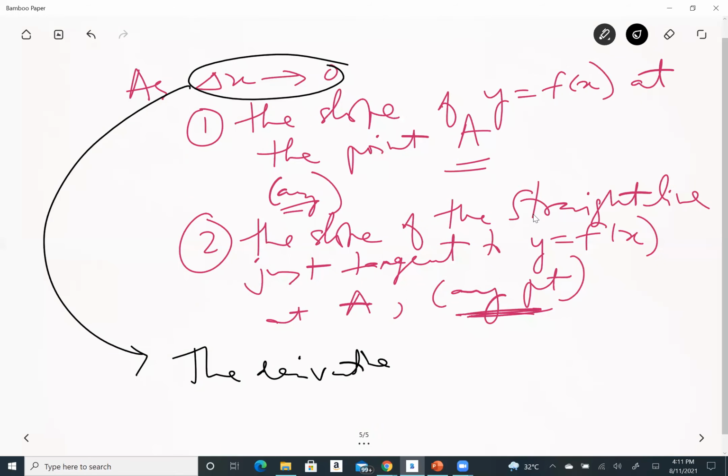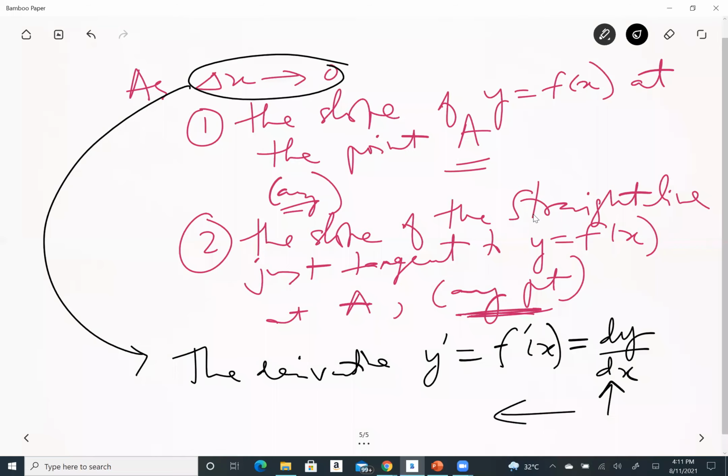The derivative, y prime equal to f prime of x equal to dy dx. In other words, just to give you an idea, the delta x is very, very small, approaching 0. So you are still talking about the slope.